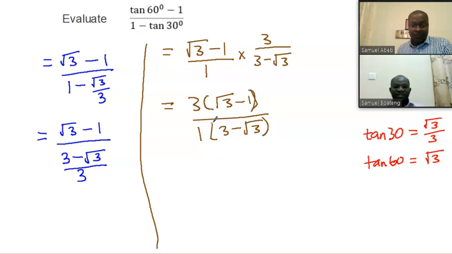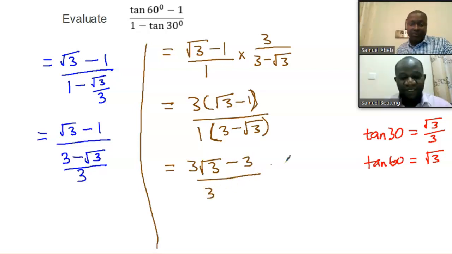Once again, there is a surd at the denominator. We can't leave it like that. So we need to rationalize. So let's rationalize: 3 times root 3 minus 1, bracket, over 3 minus root 3, the denominator.